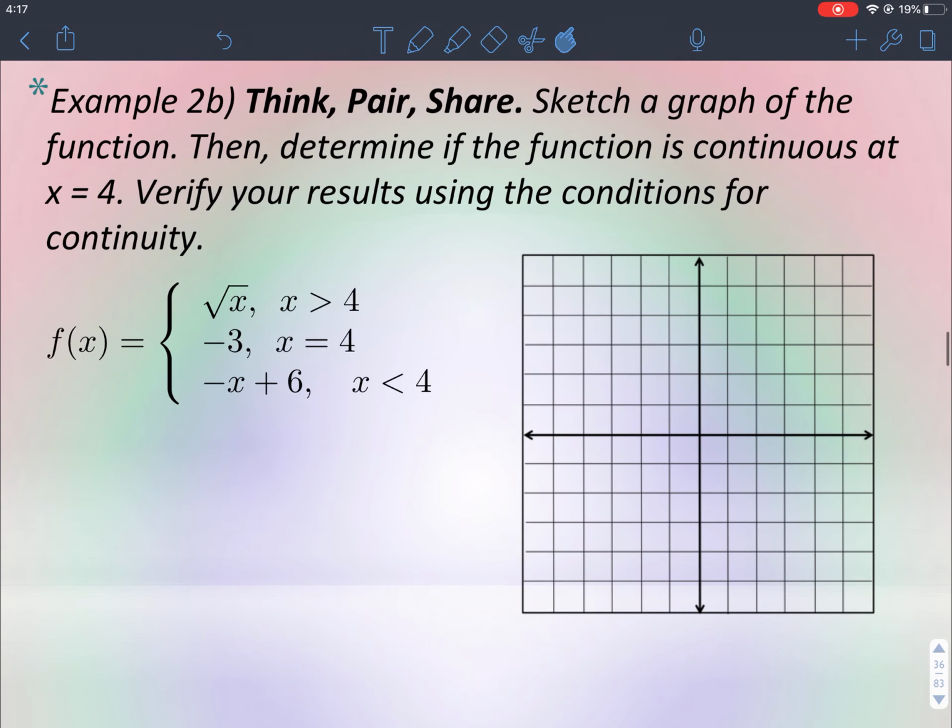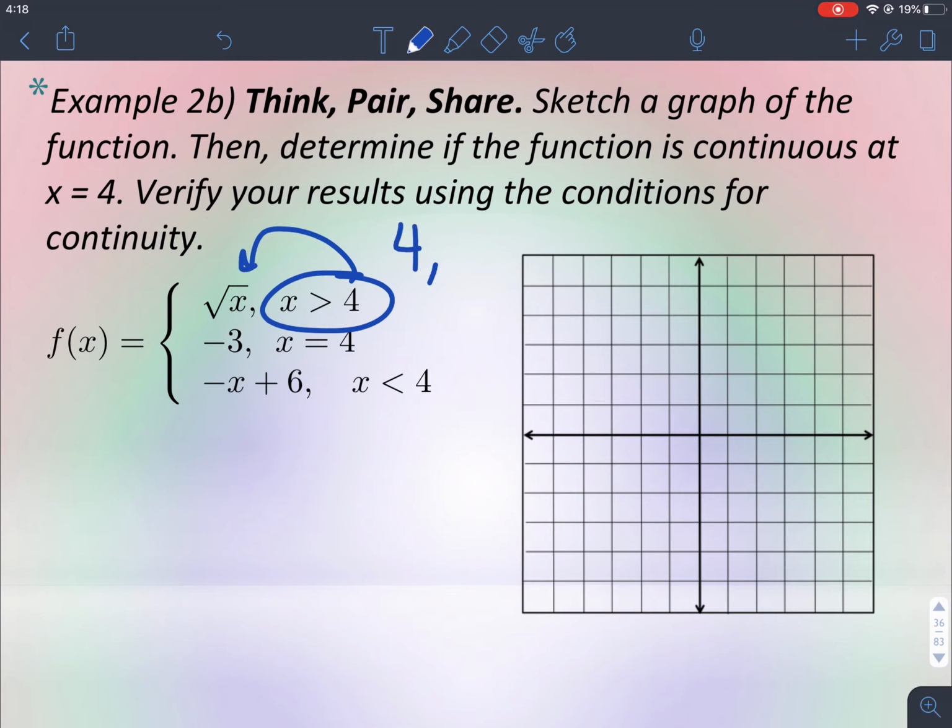Now this particular example is going to be a little bit more complex. We've got a piecewise function, and it says first graph the function, and then determine if it's continuous at x equals 4. Verify using the conditions for continuity. So the top piece, I'm going to plug 4 in here, and I'm going to get 2.